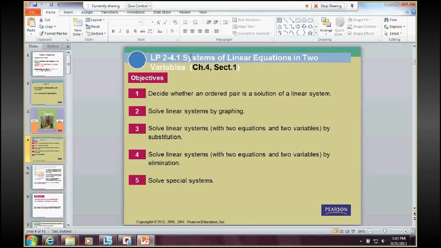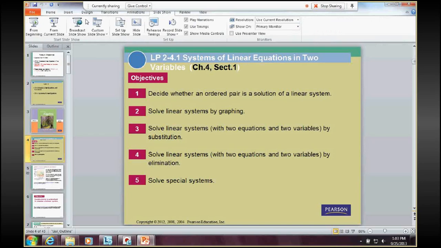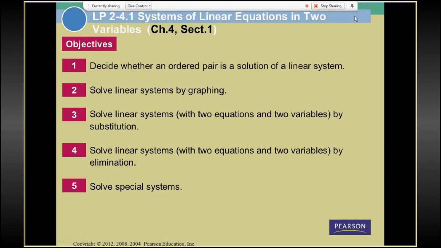In section 4.1, systems of linear equations in two variables. Basically, when we solve systems of linear equations in two variables, we can have three ways. We can either graph it, we can solve a linear system by what's called substitution, and we can solve a linear system by elimination.